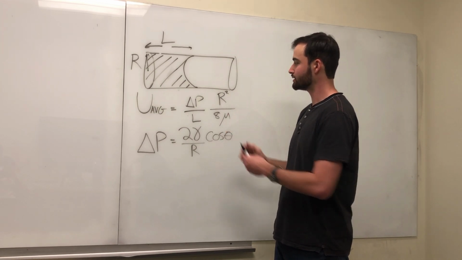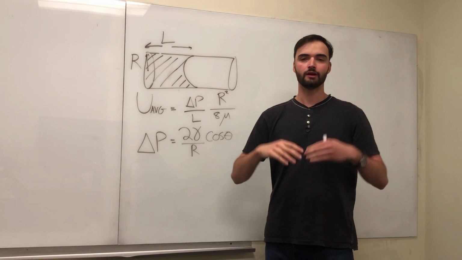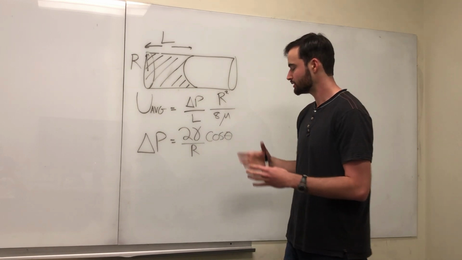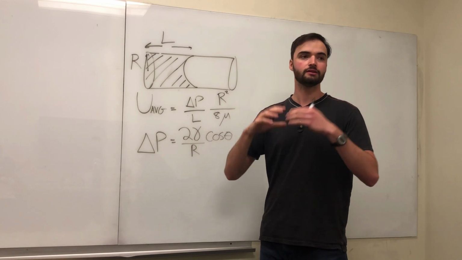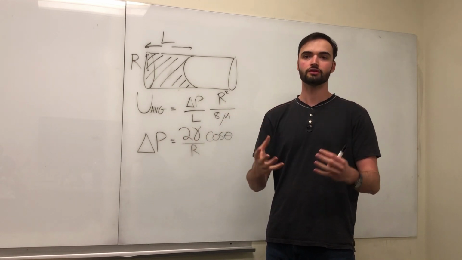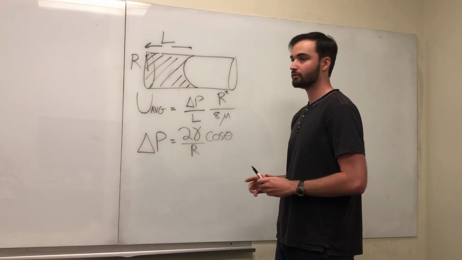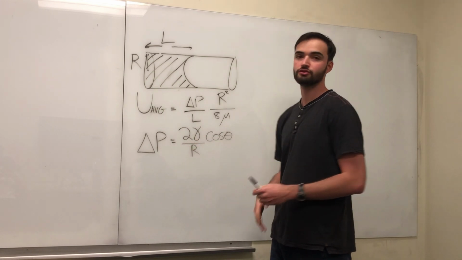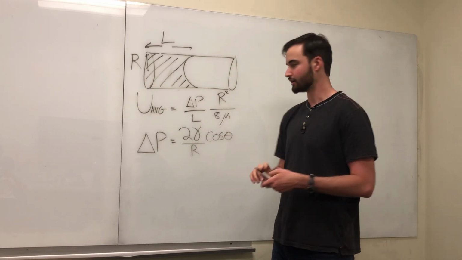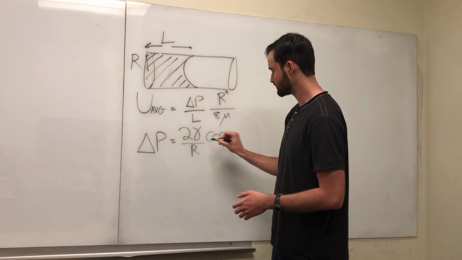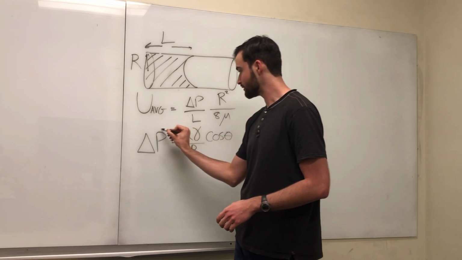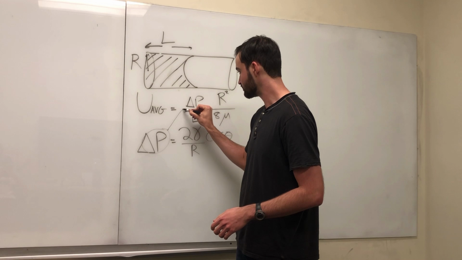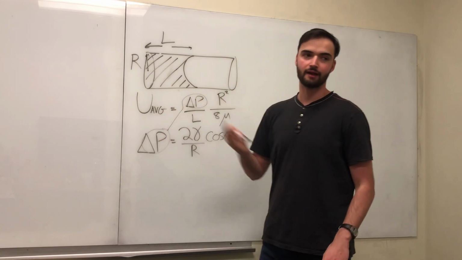And now, in the situation where capillary flow applies, the pressure is completely due to surface tension. So we can use the equation that Sushangita derived earlier, which is this, and we can plug this into the average velocity.